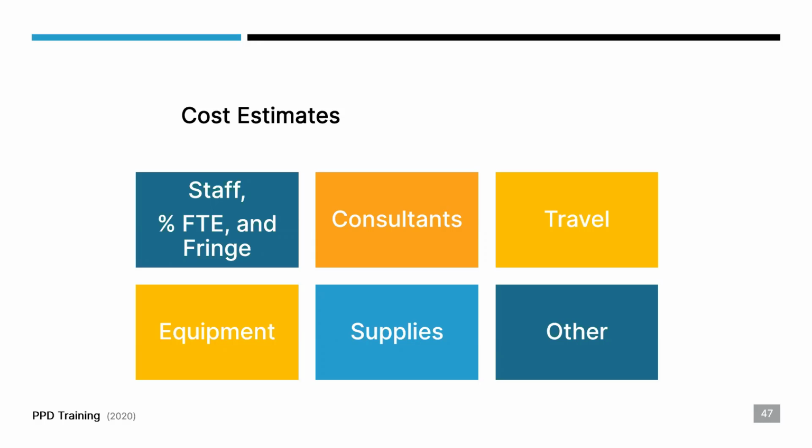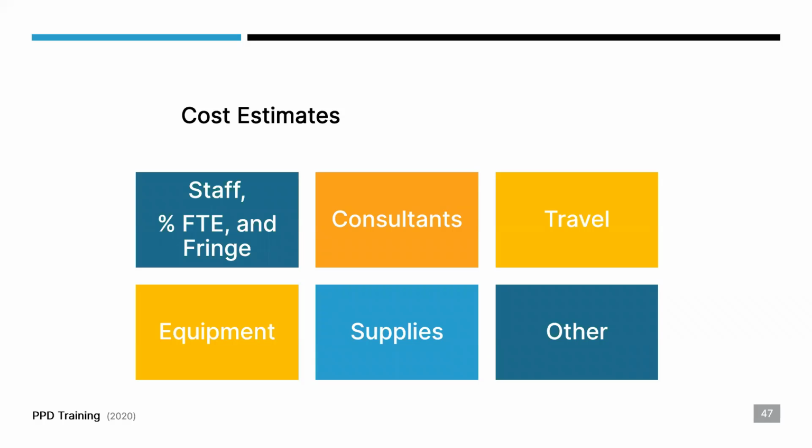So research those costs according to your own travel policies, and that usually includes airfare, lodging, per diem, ground transportation, parking, everything that is in accordance with your travel policies, and include that under travel. And in addition to the required travel, if you have travel for salaried staff to attend other types of conferences or whatever, you're going to need to research and break down those costs the same way.